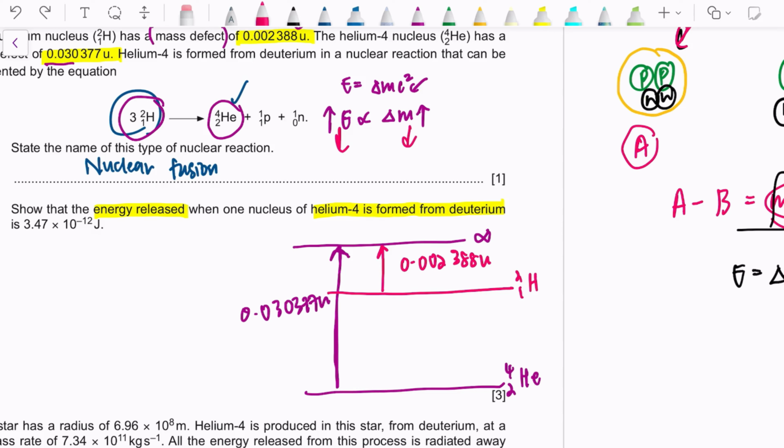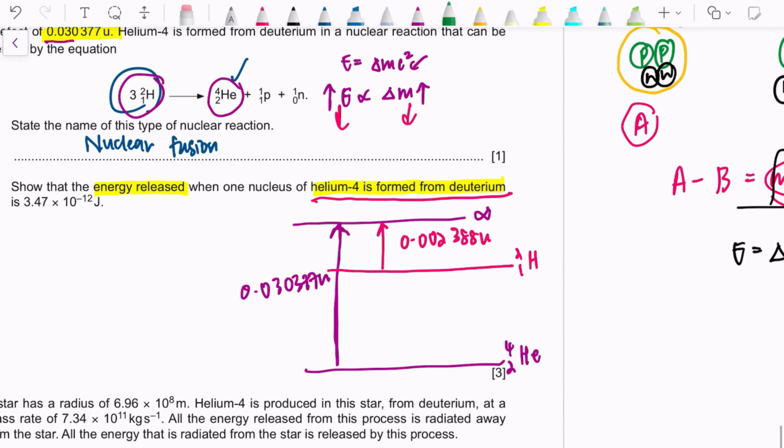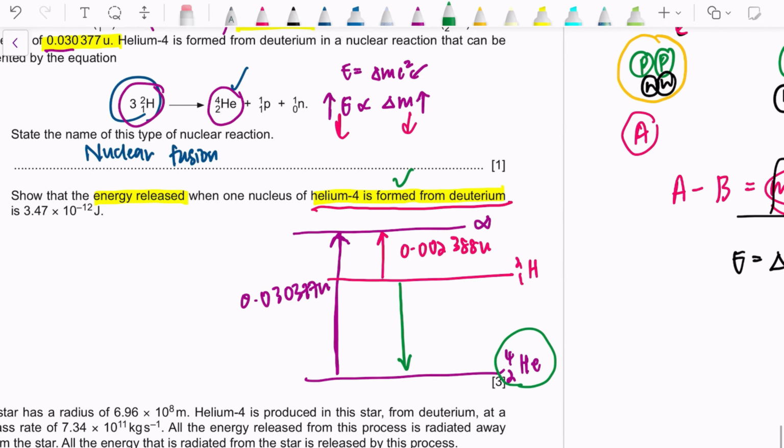Now going back to what the question wants us to do. They asked to show the energy released when one nucleus of helium-4 is formed from deuterium. So from deuterium, what is the energy released?